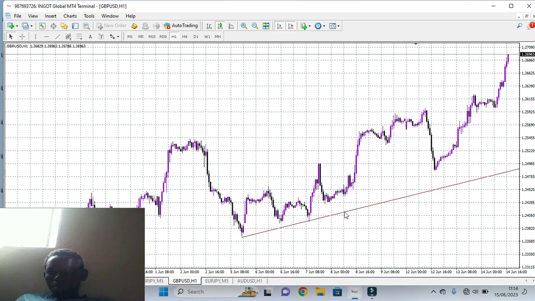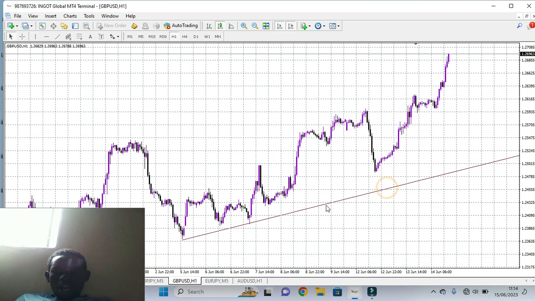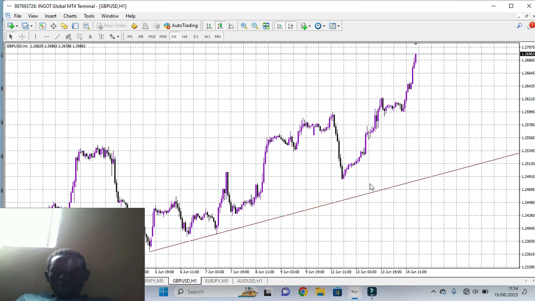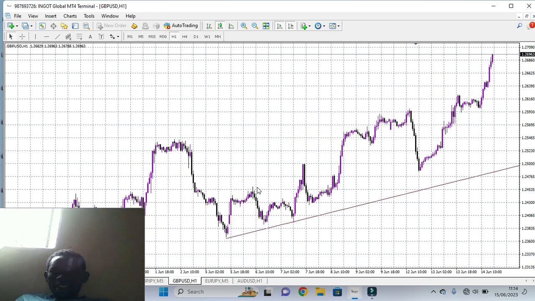So when do you realize that the trend will come down? If the trend, for example, you need another line to act as your resistance line.